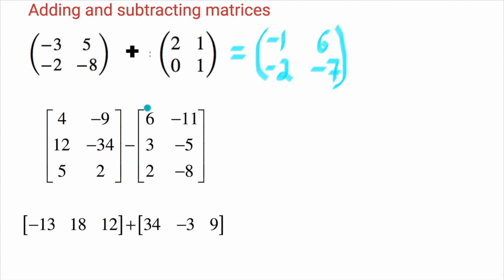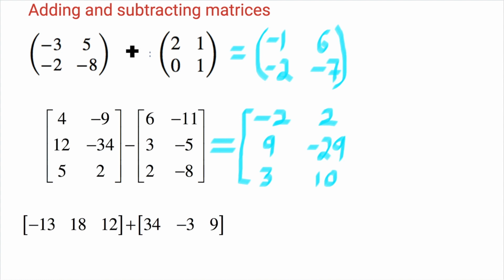So 4 minus 6, -9 minus -11. Let's go ahead and subtract them. 4 minus 6 is -2, -9 minus -11 is +2, 12 minus 3 is 9, -34 minus -5 is -29, 5 minus 2 is 3, and 2 minus -8 is +10.